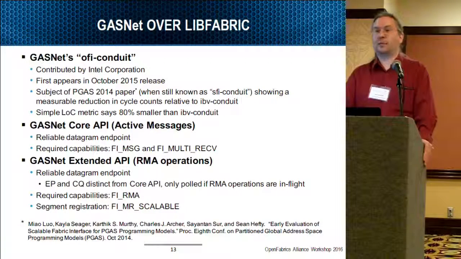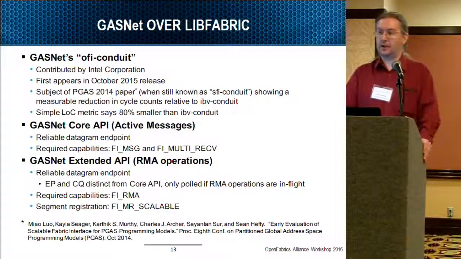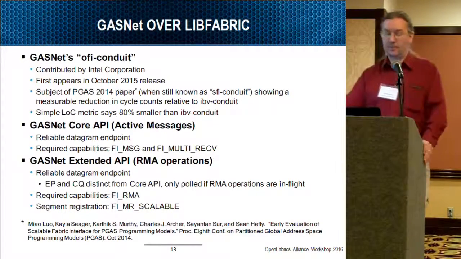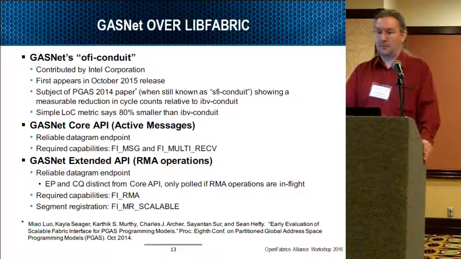In particular, one of the optimizations made is that there's a counter that indicates whether or not there are any extended API operations in flight, and it skips polling that completion queue if there's nothing that could possibly complete there. The required capabilities here are the FI RMA capability, and memory registration uses MR Scalable.